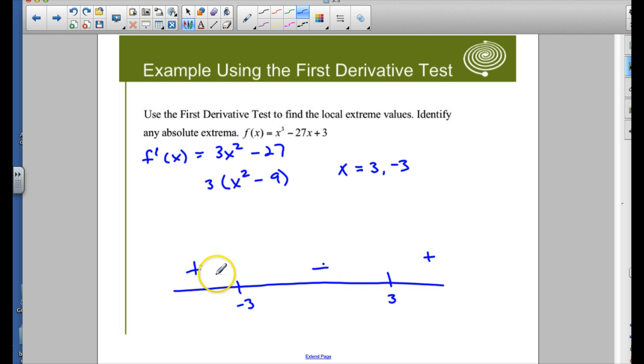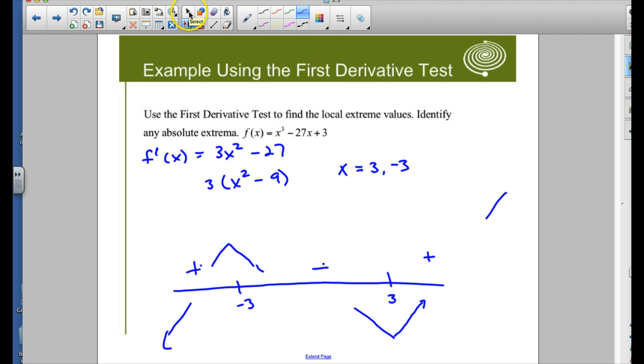So my derivative here goes from positive, sloping up, to negative, sloping down. So this is a maximum. Then it's going to slope down over here and go back up and continue up forever. So one thing we notice is that these graphs keep going forever in both directions. So there are no absolute extremes.